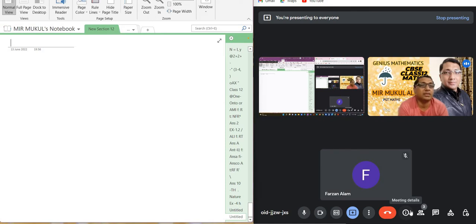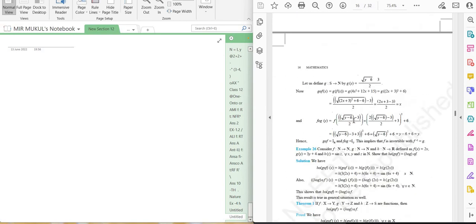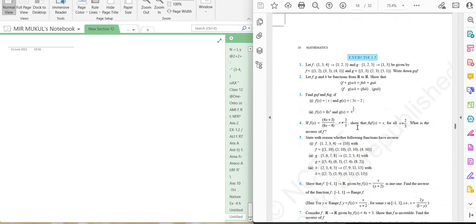Now the second thing: gof and fog will not always be equal. If gof of x equals x, the identity function, and fog of y equals y, then we can say that the function is invertible and we can find the inverse. Another method we can also apply: if a function is one-one and onto, then also we can say the function is invertible and we can find the inverse. So these two concepts we'll use here.